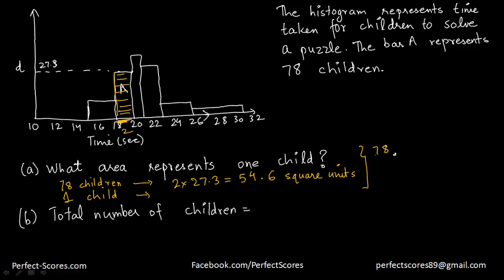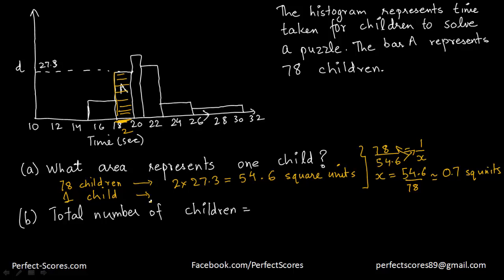If 78 children take 54.6 area, then one child will take, let's suppose, x amount of area. Cross multiplying, x is equal to 54.6 divided by 78, which is approximately 0.7 square units. That tells me what area represents one child.